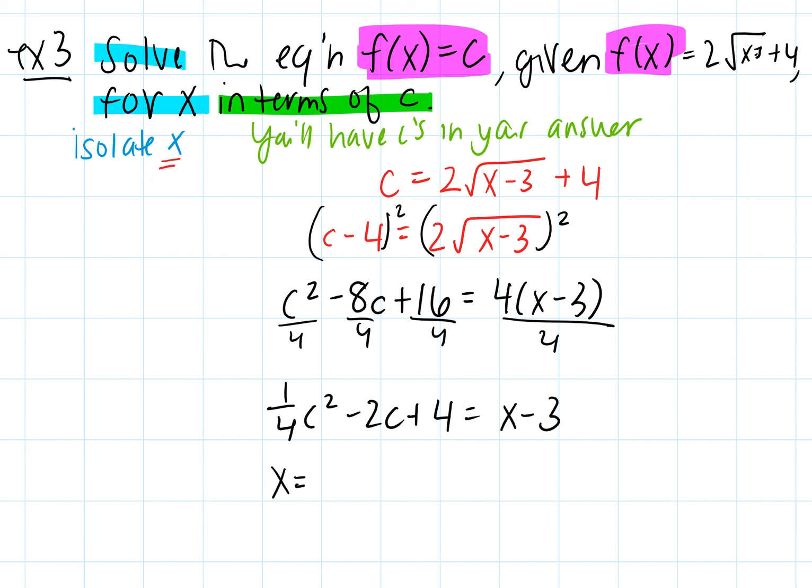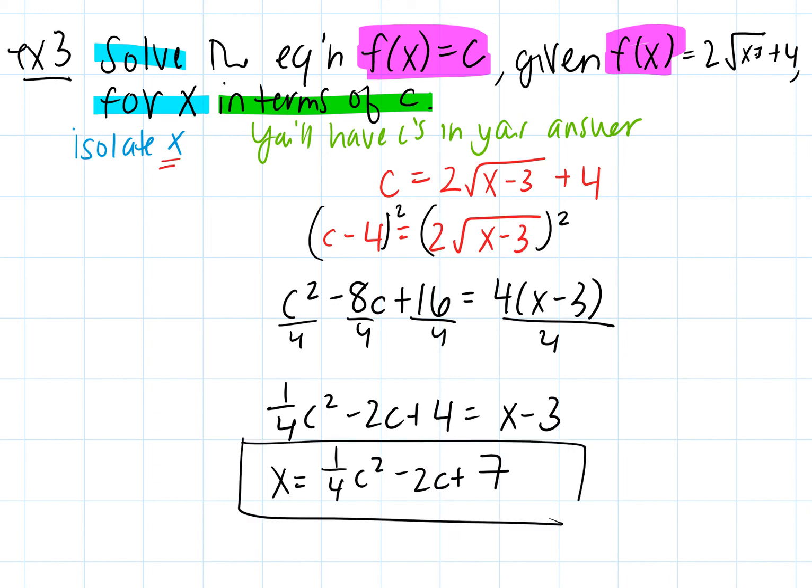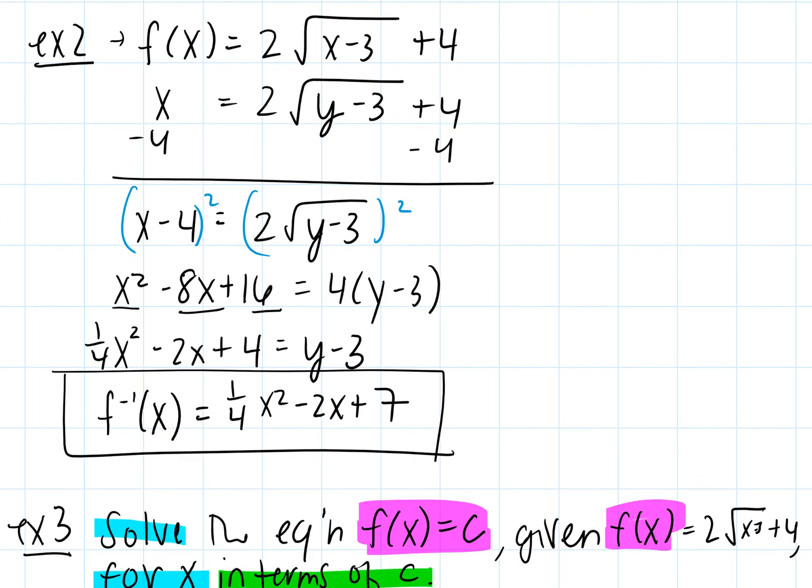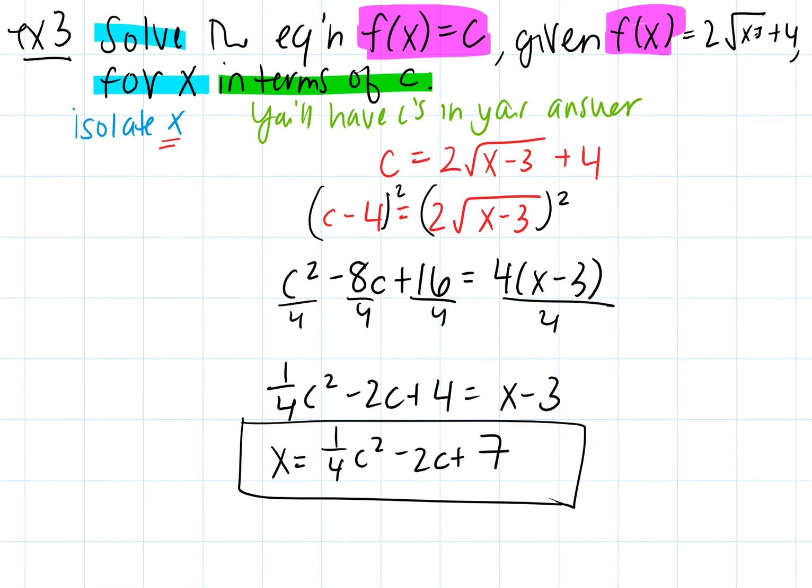I almost have x isolated. And that's it. So again, I know I'm done because I was asked to solve for x, which means isolate x. In terms of c was actually a hint to say, oh, interesting, this time my answer will have c's in it, whereas in the related example, example 2, we had x's on the right side of the equation.